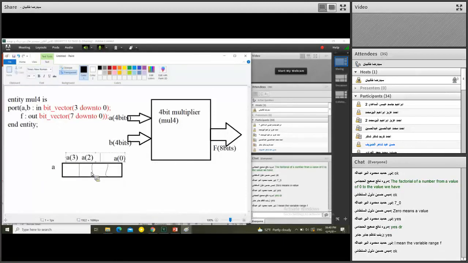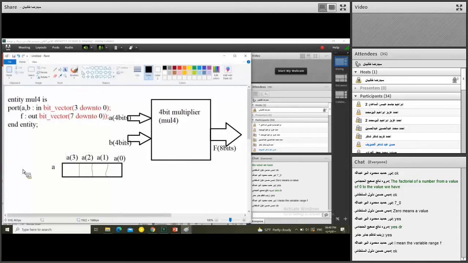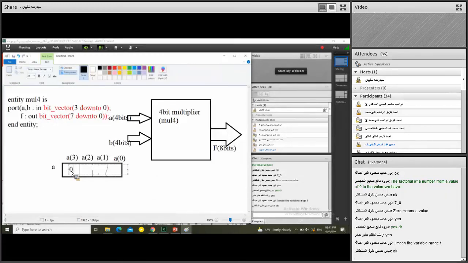Okay. Every one of these bits is 1 bit: A0, A1, A2, and A3. All of them together make 4 bits. And we have a special value in this, for example, here we have 0, 1, 1, 0. Okay? You understand?